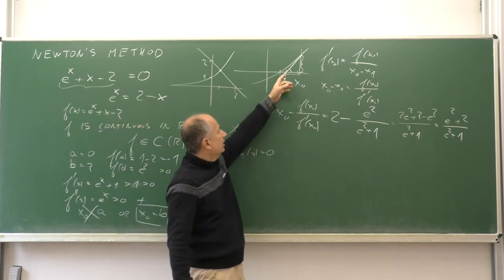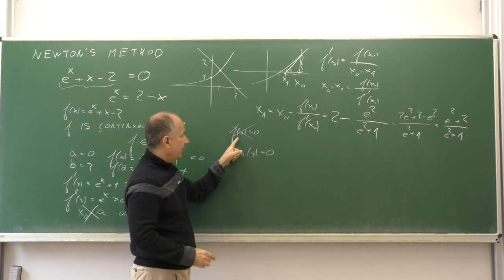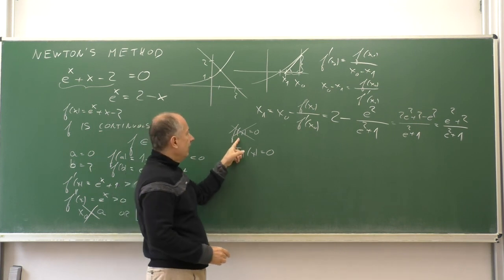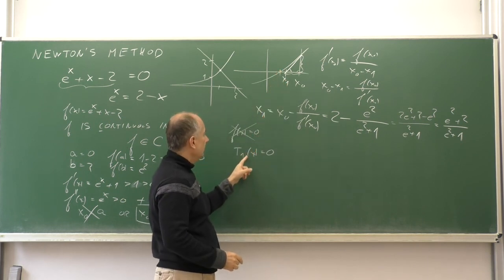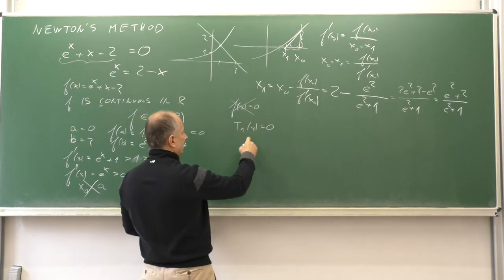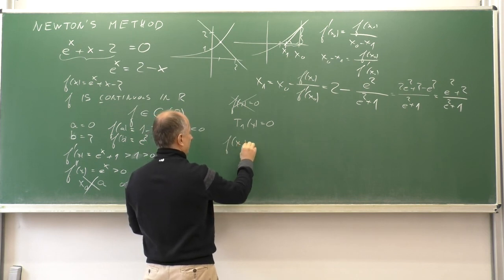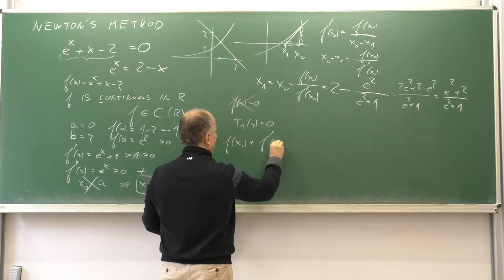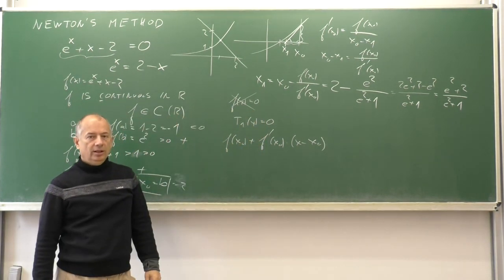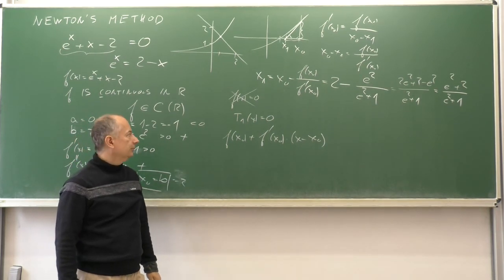But this is actually the same as replacing the curve with the straight line, replacing the function f with Taylor polynomial of order 1. The graph of f is this line, and the graph of T1 is this straight line, the tangent line. And the tangent line, the polynomial is f of x0 plus the derivative times x minus x0. This is T1, Taylor polynomial of order 1. Good approximation to the original function f.